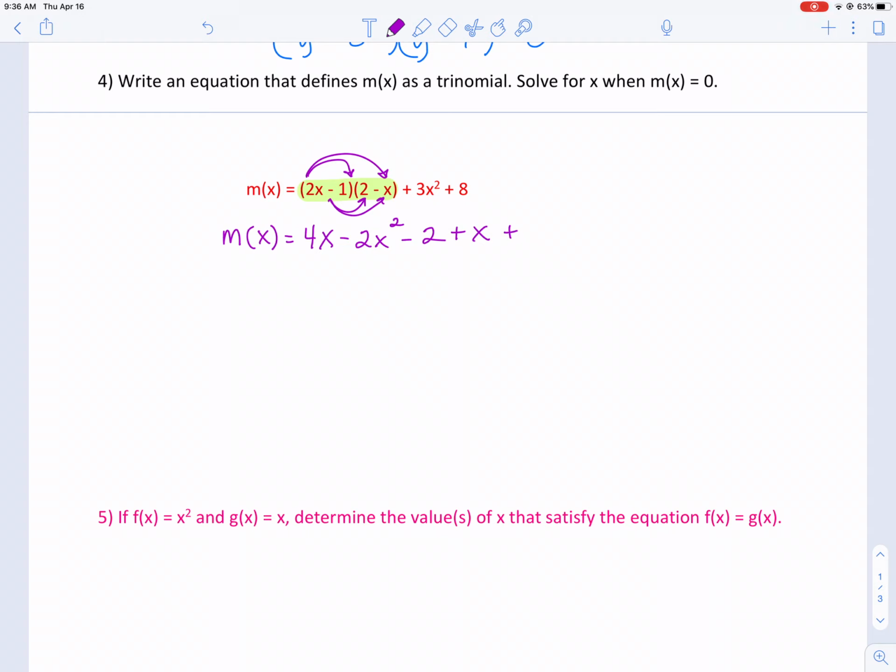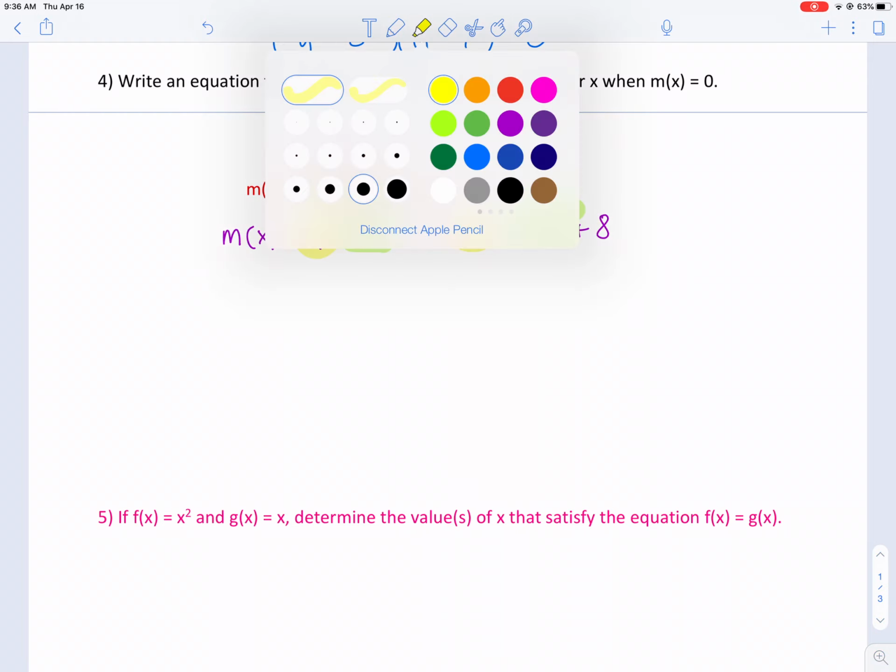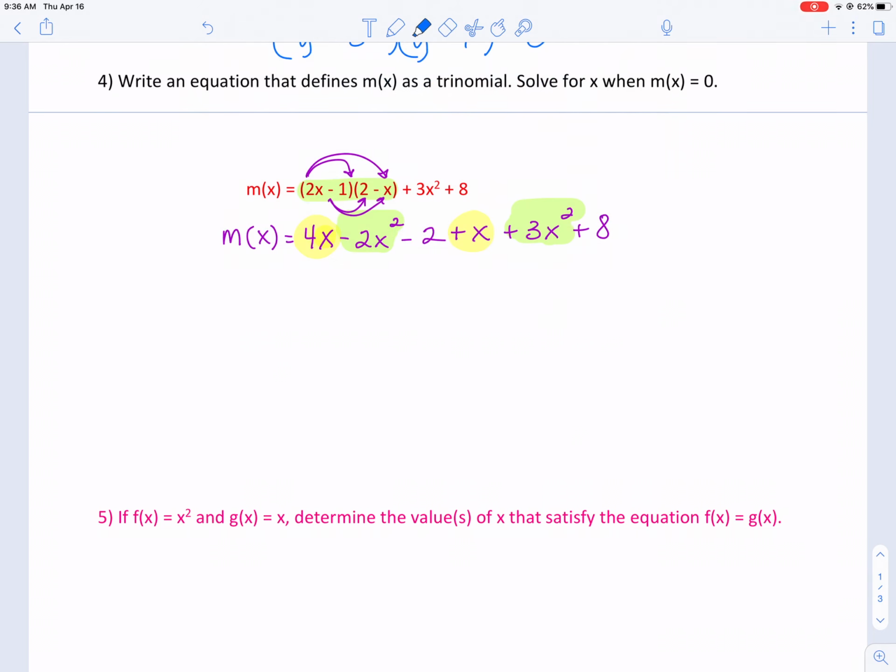Now don't forget the plus 3x^2 plus 8, because we're going to now combine. So look for some like terms. I see -2x^2 with 3x^2. I see 4x with positive x. And then I also see -2 with positive 8.